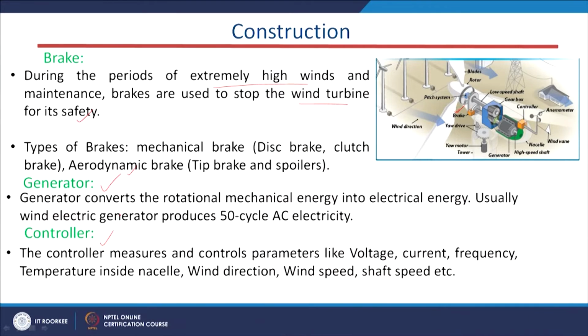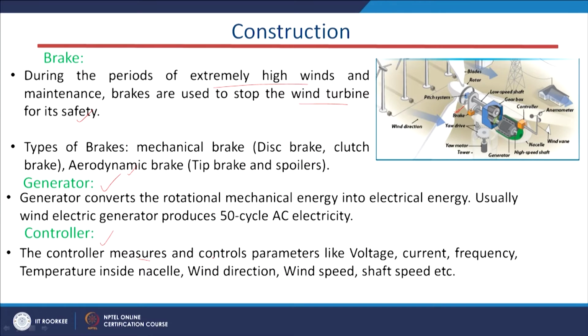And the controller, it is not just desirable, it is an essential part of every renewable energy system. So, similarly in our wind system also we have a controller. This controller basically measures and controls parameters like voltage, current, frequency and temperature inside this nacelle, and also it controls the wind direction, wind speed and shaft speed, because our wind direction and wind speed are directly or indirectly linked with our output electrical power.